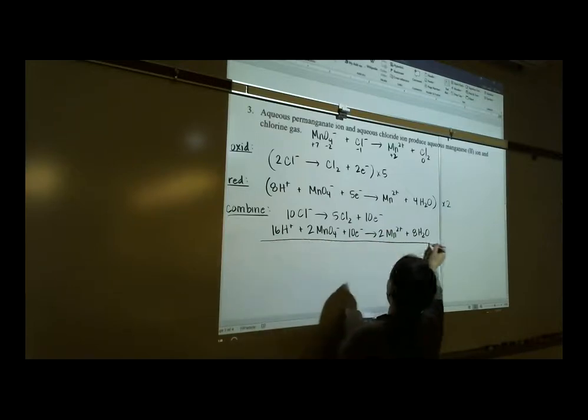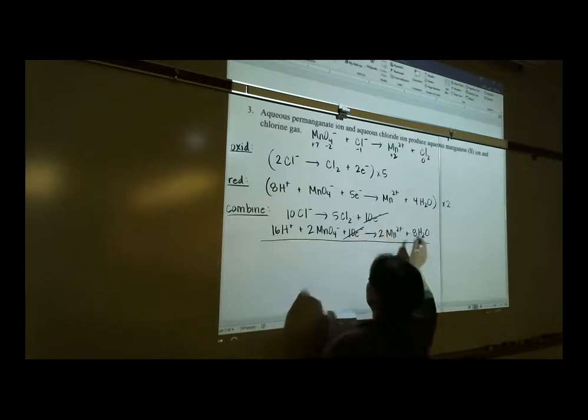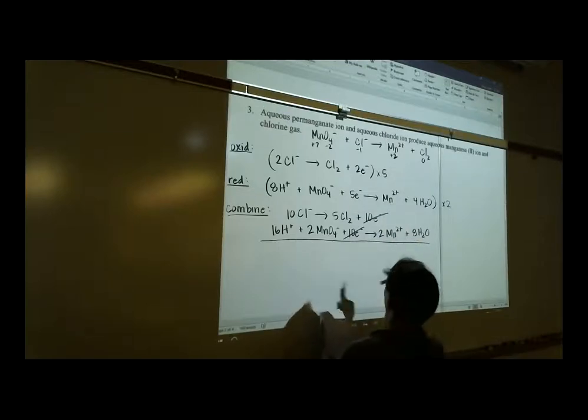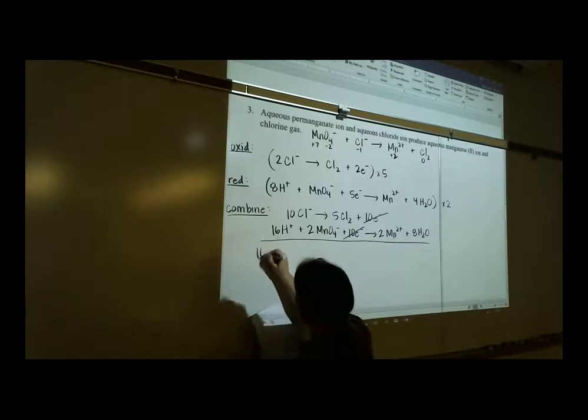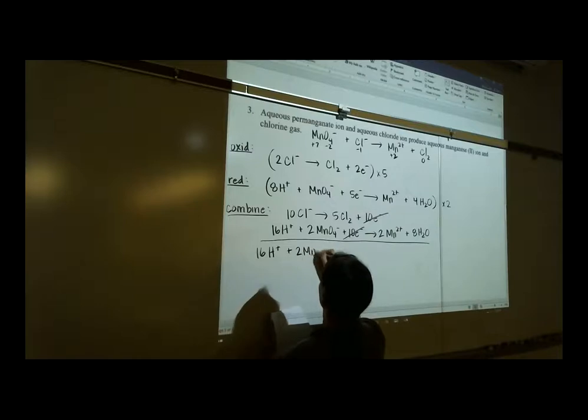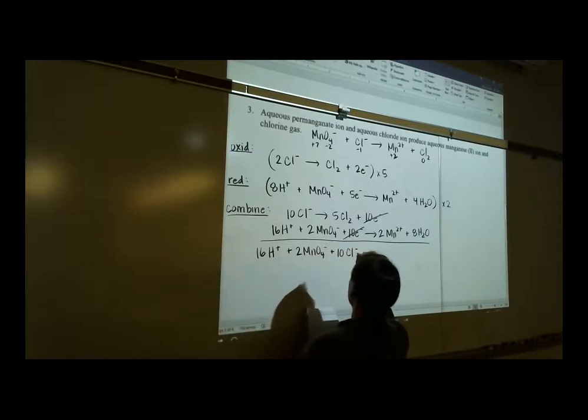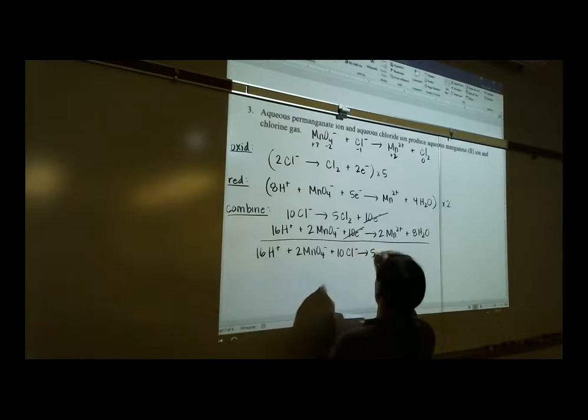Now I just do some cleaning up. There isn't really any cleaning up to do this time because I don't have any H2Os to cancel. I don't have any H pluses to cancel. So in terms of cleanup, it's pretty quick. So I'm left with the combination of the 2.